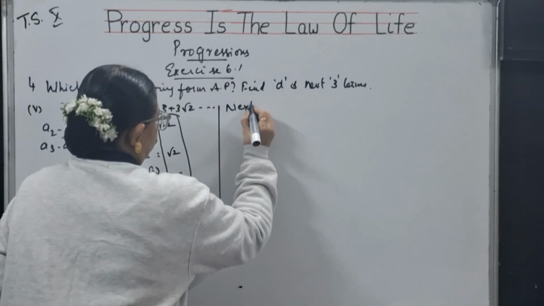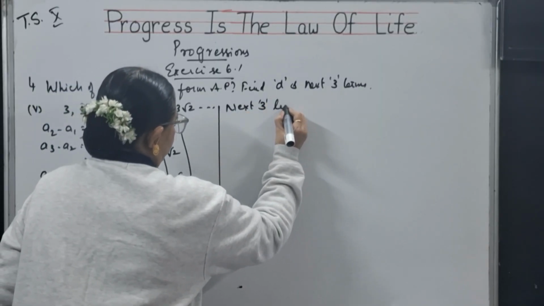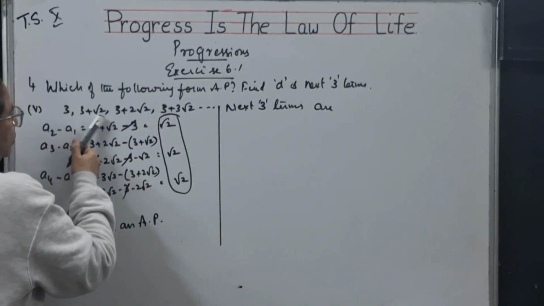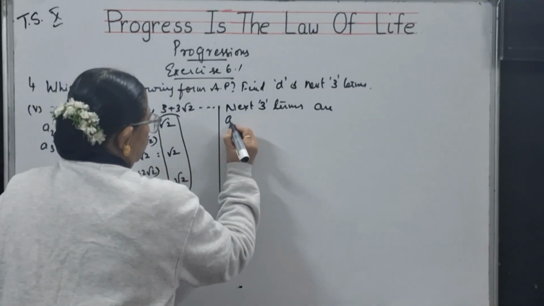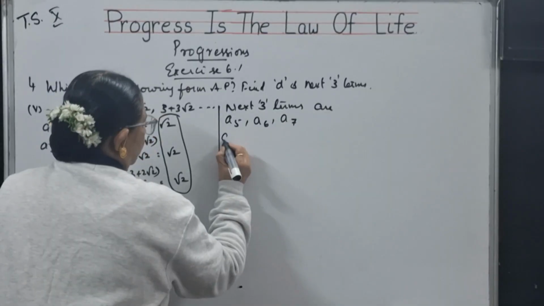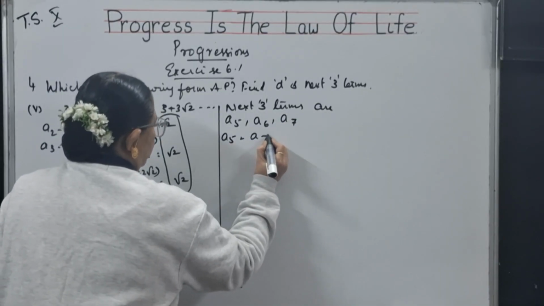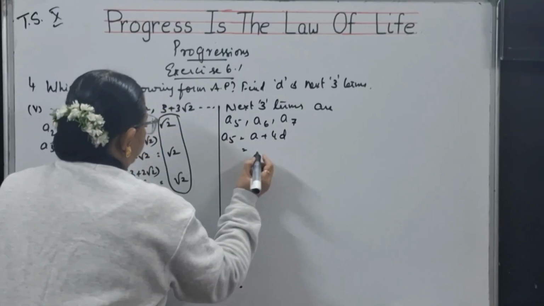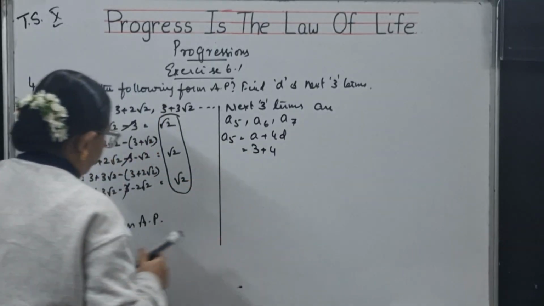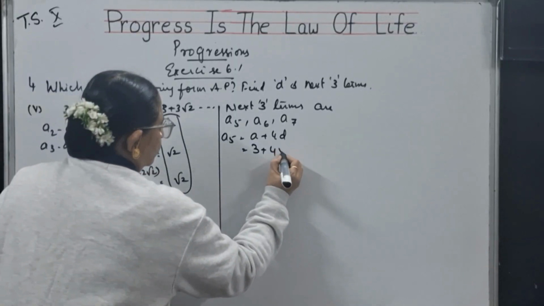So next three terms are, how many terms are there? 1, 2, 3, 4. Next A5, A6 and A7. What is A5? A plus 4D. What is A? A is 3, plus 4 into common difference root 2.